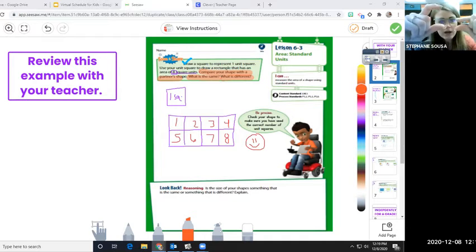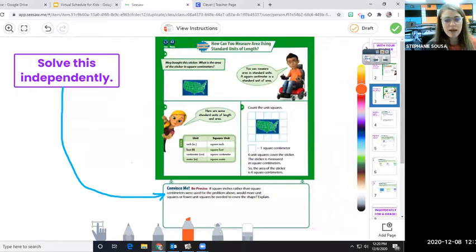Even though they're both squares, the inches cake is going to be larger than the centimeters cake. So when we are using square units, it's important that we're precise with the size so we can say exactly how large or how small an area is. Okay? Go ahead and move on to slide 2, please.